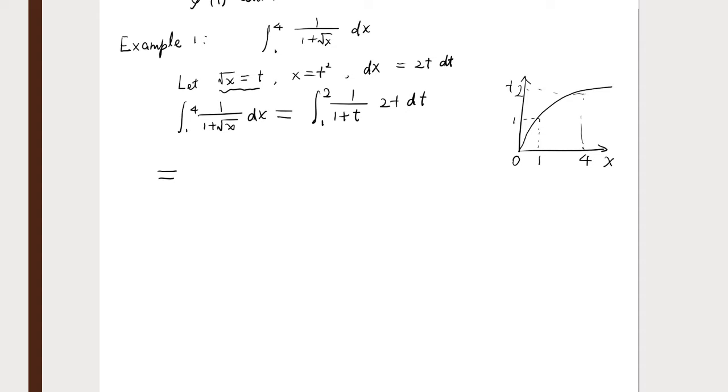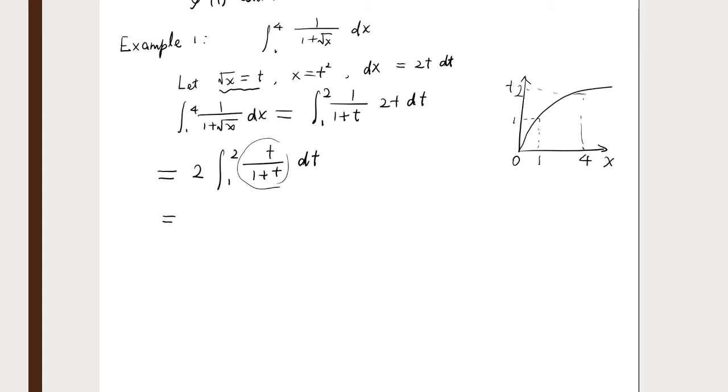Okay, let's extract 2 outside of the integration. So we have t over 1 plus t and then dt. Yeah, we have this again. Remember, every time we have this, no matter if it's t over 1 plus t or t squared over 1 plus t squared, as long as the numerator and the denominator are so similar, we can simply try to make them the same by doing an equivalent transformation.